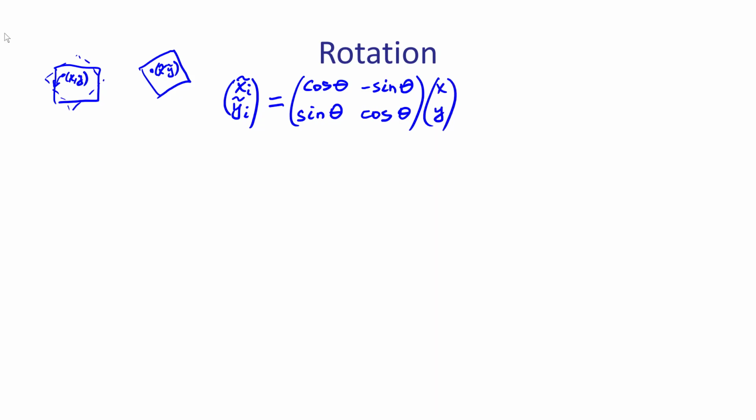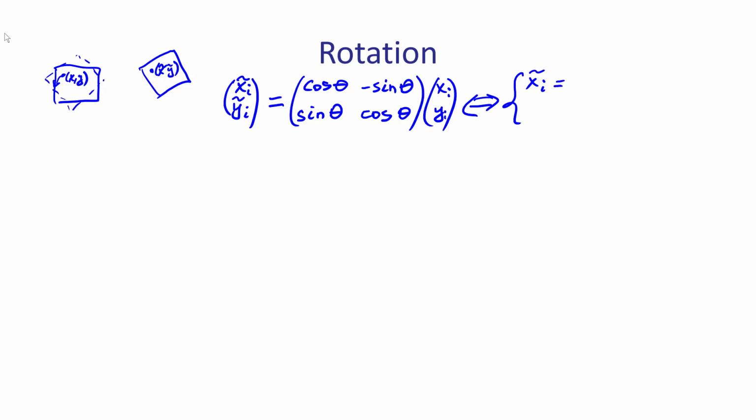First I will show you the transform and then I will prove it. So the transformed pixel is the rotation matrix by angle theta, which looks like that: cosine theta, minus sine theta, sine theta and cosine theta, multiplied by vector x, y. In other words, it's the same thing as to say a system like that.